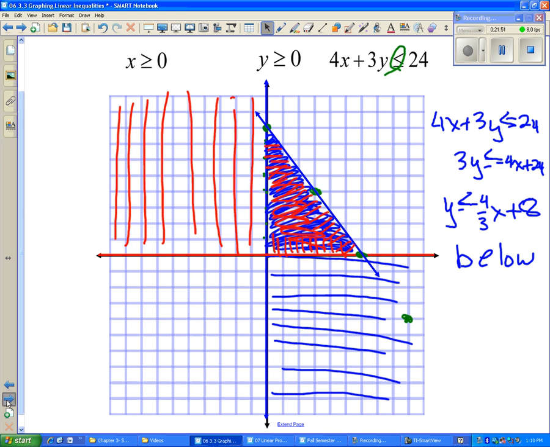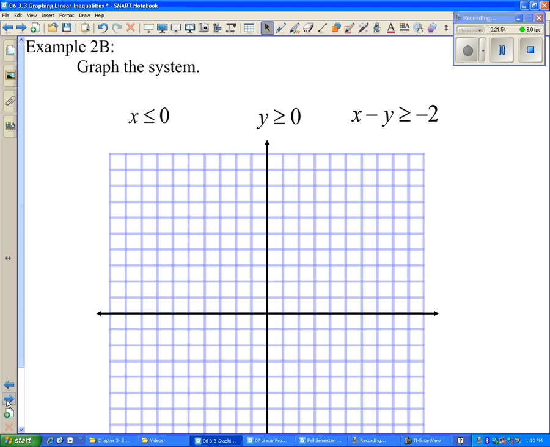Okay, last example. This is the same type of problem that we just did, so we just want to make sure that we've got the gist of this. Again, x less than 0 tells me that I want my x's that are less than my y-axis.